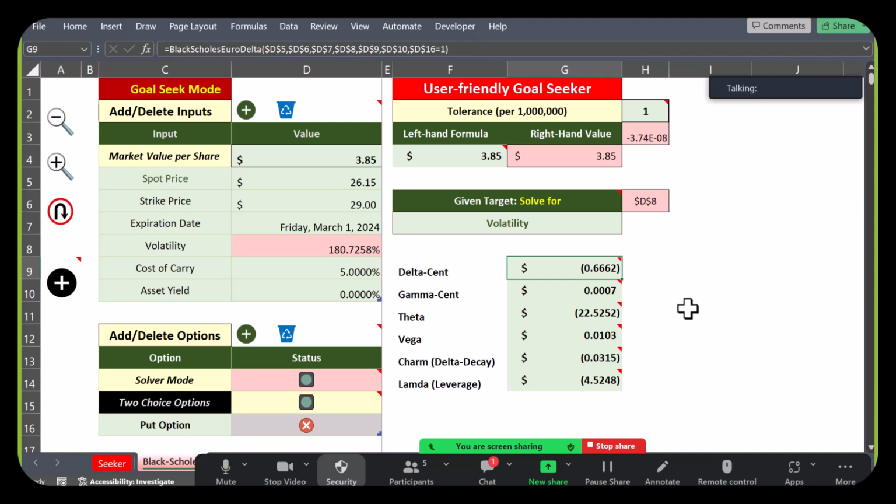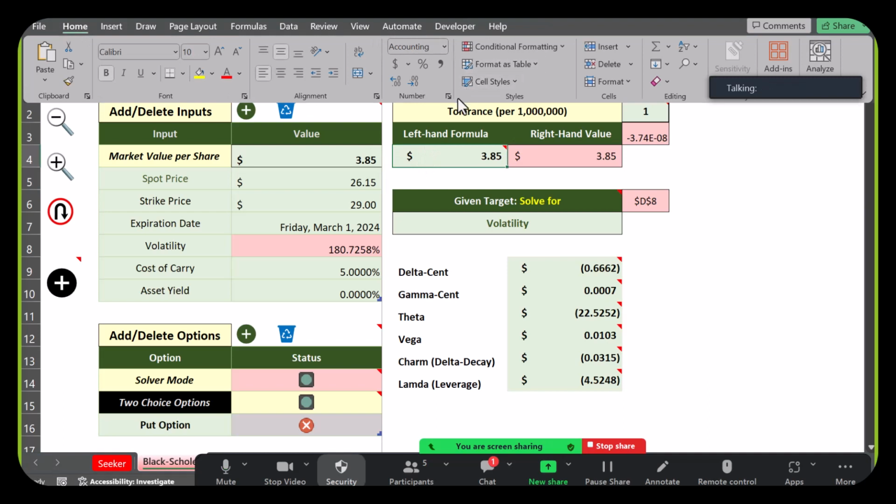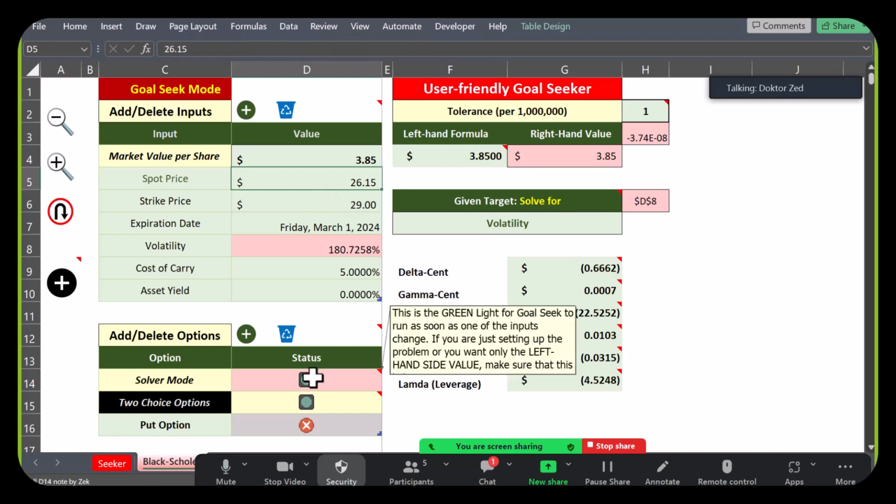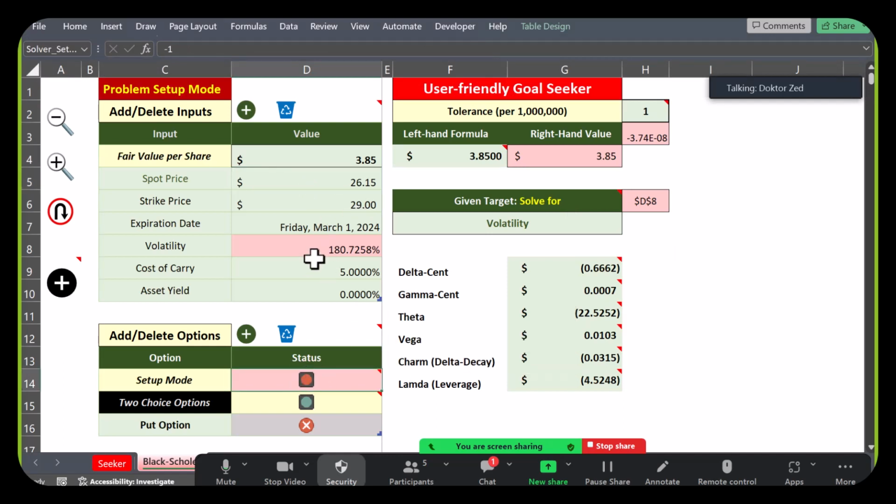But for larger price movements, delta itself changes. So if price goes down to 26.14, let me actually add a digit to this. And let's get it out of solver mode because I want to fix my volatility.